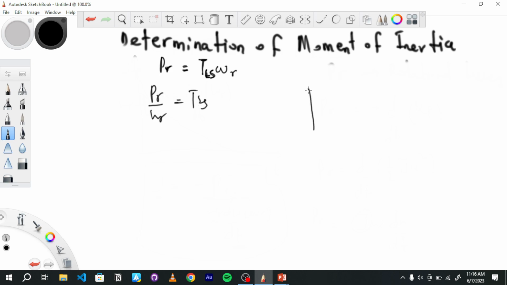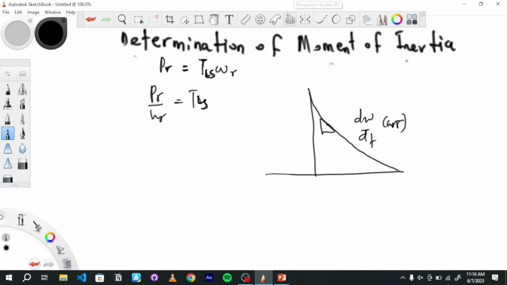So I can now plot a graph. From here, I can find my d omega dt at the rated speed, omega R. Now I can also plot a graph of TL, torque against omega.